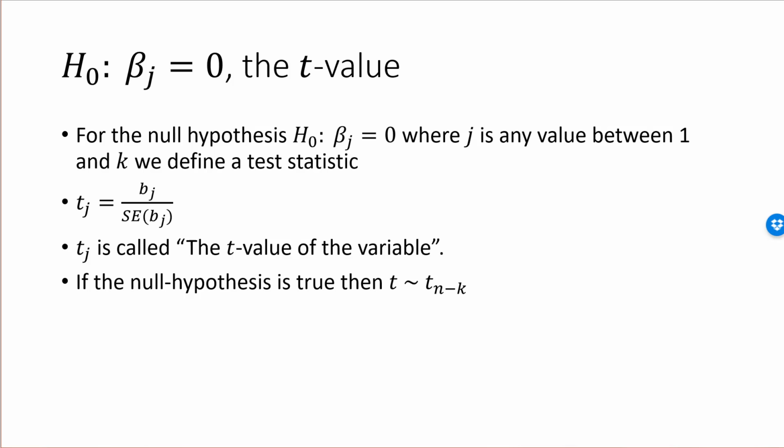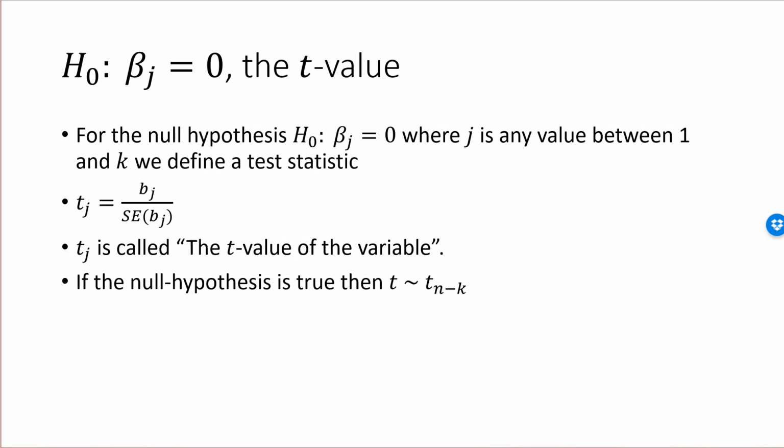So knowing that the t-statistic follows a t-distribution under the null, all we have to do is to check if our particular t-value is in the tail of the t-distribution. If it's way out in the tail of the t-distribution, it's much more likely that the t-value is not drawn from a t-distribution, and that in turn means that we have to reject the null hypothesis.